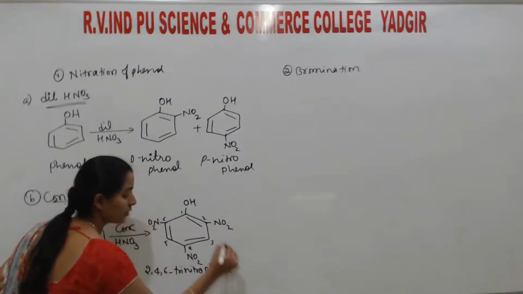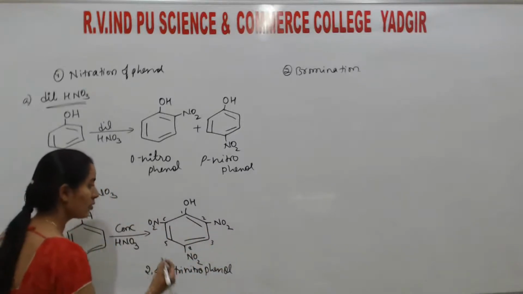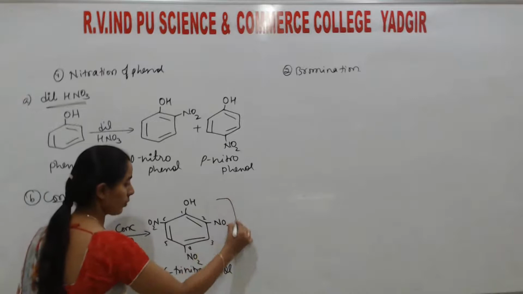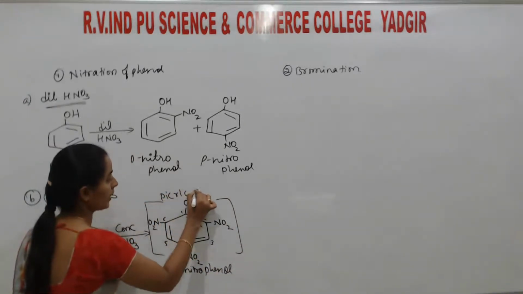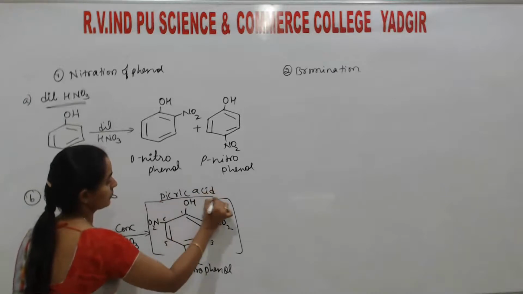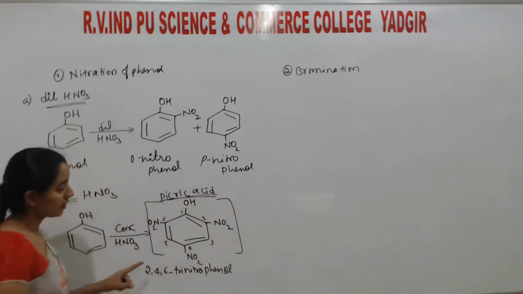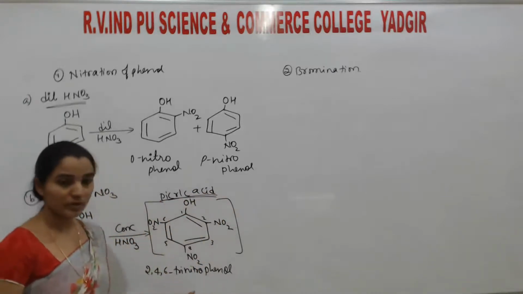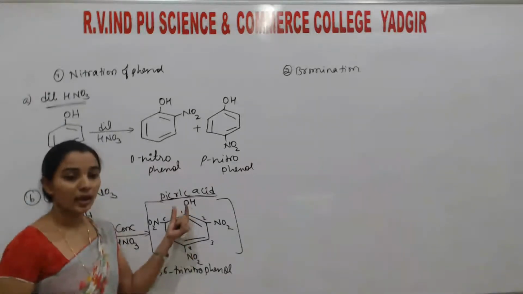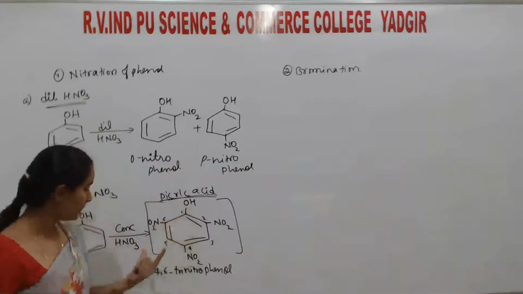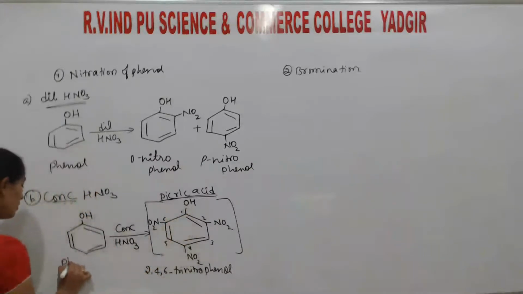So this is 2, 4, 6 trinitrophenol. Students, this is also called picric acid, it is very important. Okay, so 2, 4, 6 trinitrophenol is called picric acid. Understood? So this one is phenol.